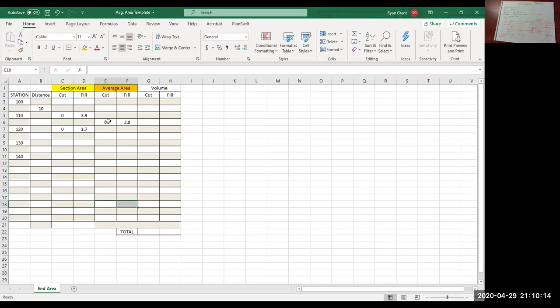What you're getting is average end areas between cross sections. You would also populate these all the way down. So then maybe you can figure out what we're doing here. The last two columns are the volume.